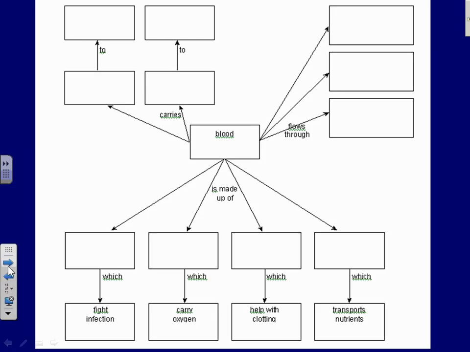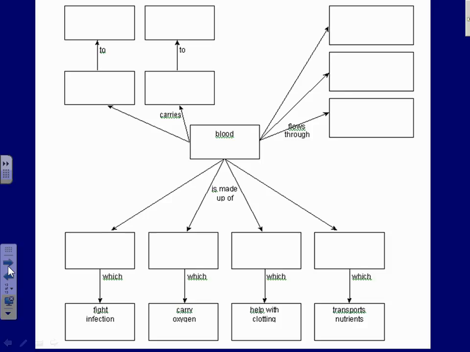Excellent. Now we got a little fill in the blank here just to see if we were paying attention. Blood. Well, let's first talk about what it's made up of. Blood is made up of blank, which fights infection, blank, which carries oxygen, blank, which helps in clotting, and blank, which transports nutrients. Which is which? What do you think?